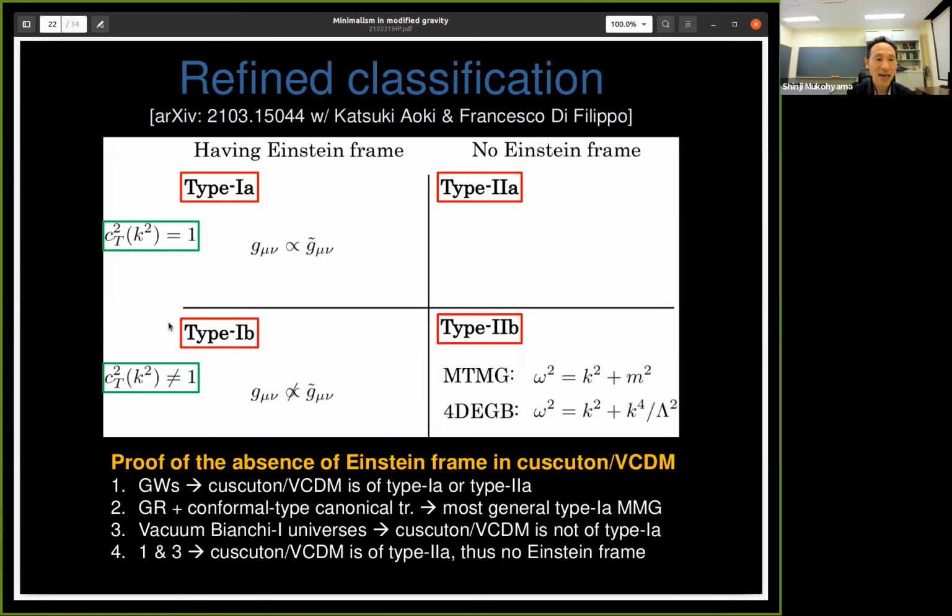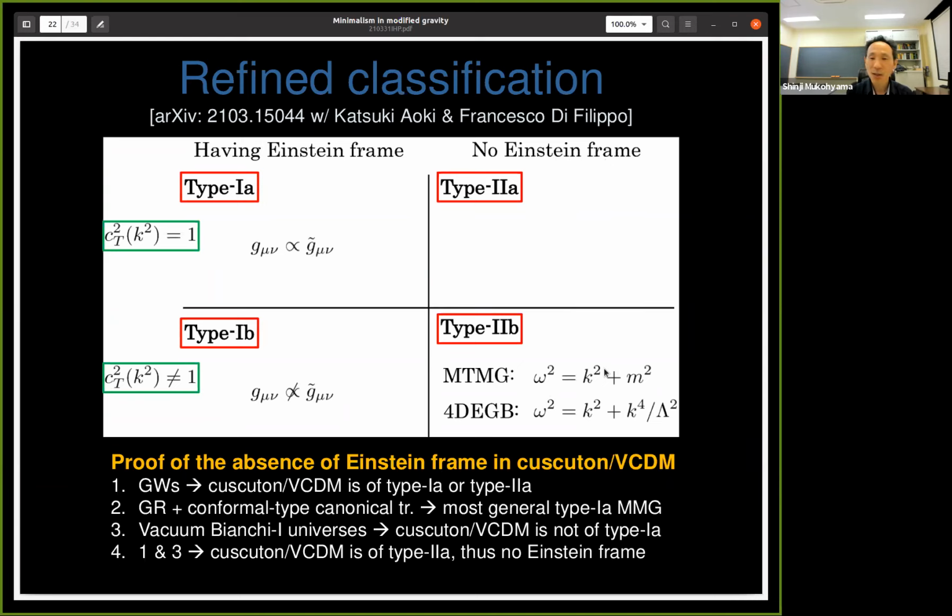Type 1A has a conformal type canonical transformation from GR, type 2 does not. Because of this proof, we now have an example of type 2A, meaning that there is no Einstein frame and the speed of gravitational waves is 1.